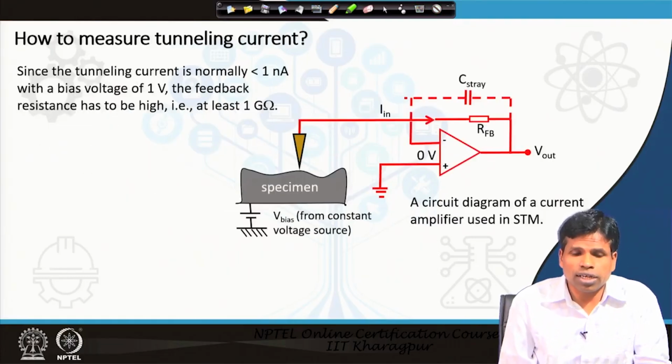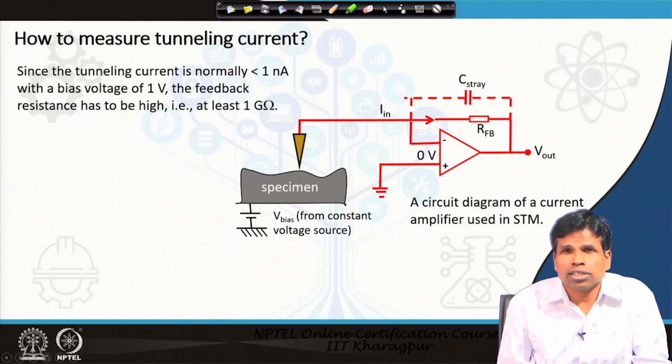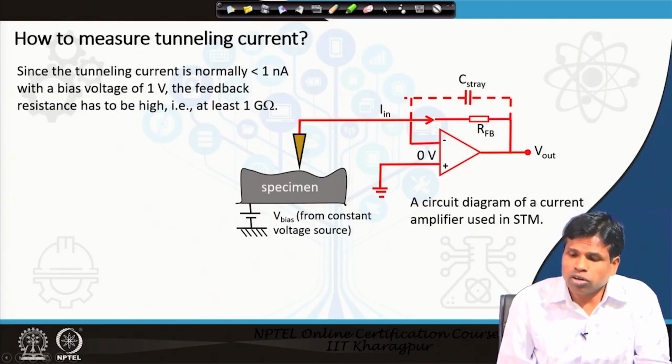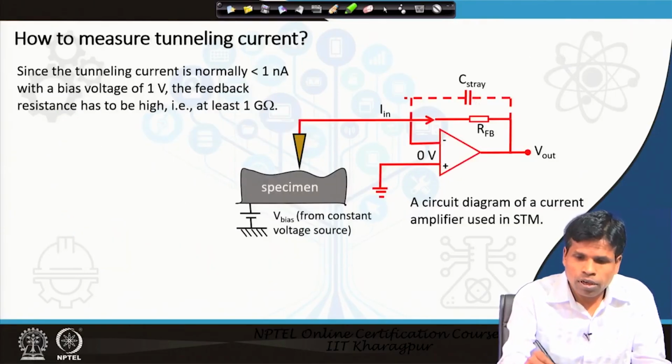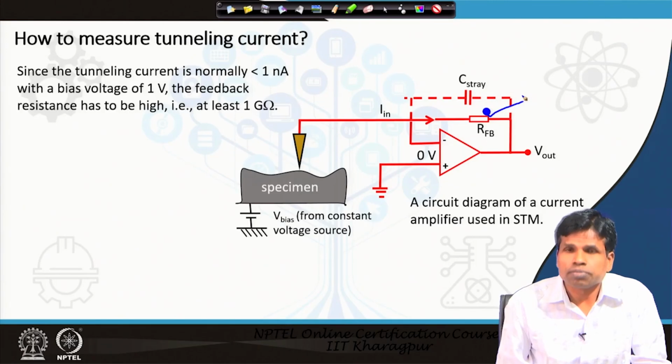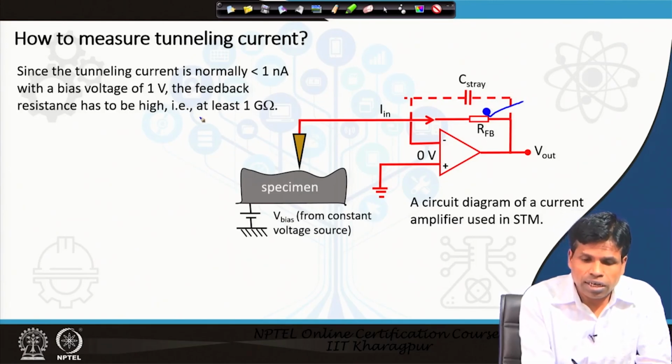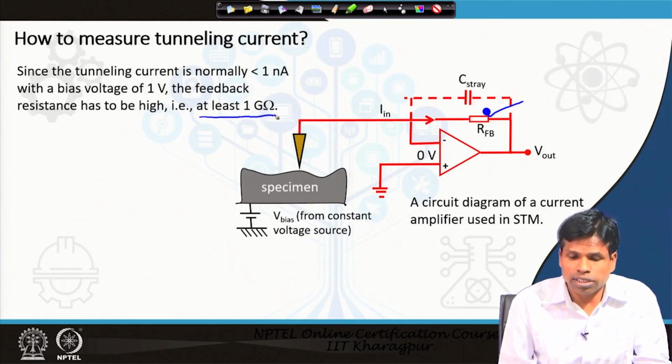And how do we measure the tunneling current? Since this tunneling current is very small, picoampere to nanoampere, and the bias voltage applied is less than 1 volt, we normally use a high feedback resistance, as we discussed earlier, at least 1 giga ohm.